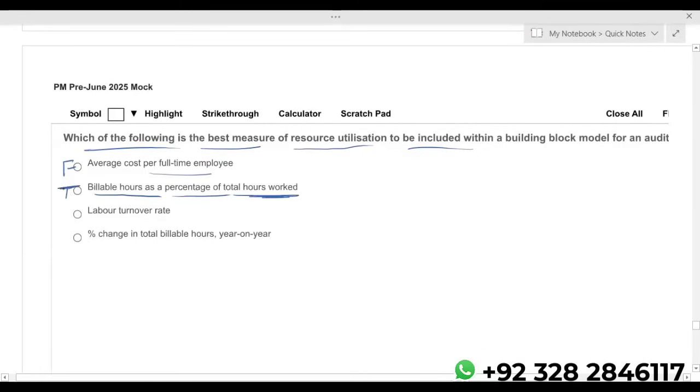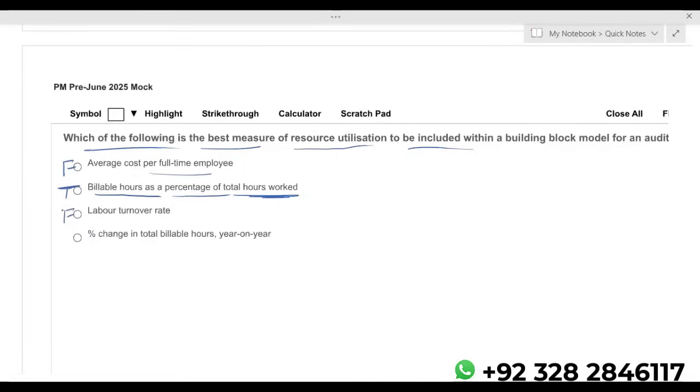For example, you've got 10 laborers in your audit firm. They are working for the client, but actually, how many hours are billable? That shows the resource utilization. Labor turnover is nothing to do with the labor hours. It's not utilization of the resources.